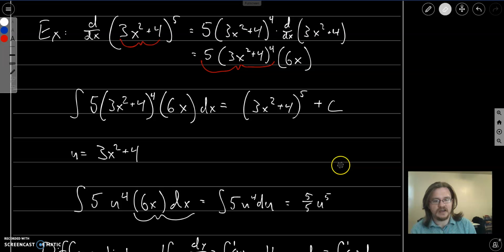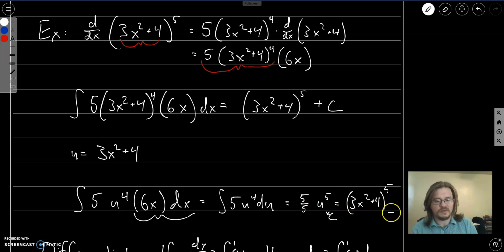And 5 divided by 5 is just 1. But then if I take u to the 5th power, that's just going to be (3x squared plus 4) to the 5th power, when I turn this inside function into a u. If you integrate u to the 4th power, we get u to the 5th power divided by 5. And if I remember my plus c, we get exactly the right answer.